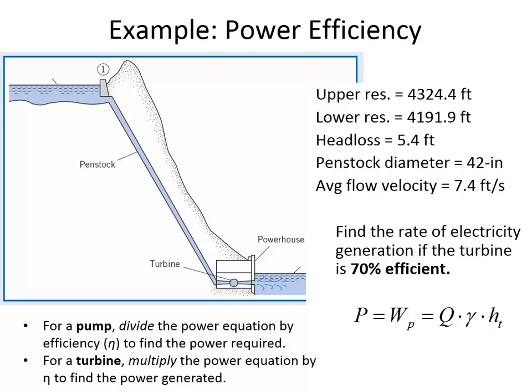Remember, alpha, the kinetic energy correction factor of 1.05, we apply really in instances where we have a high degree of confidence in the precision of the data that we're using, and we're trying to be extra precise in the calculations. But commonly, the energy equation, rather than the full-blown version that we've seen before, would be written just like this.